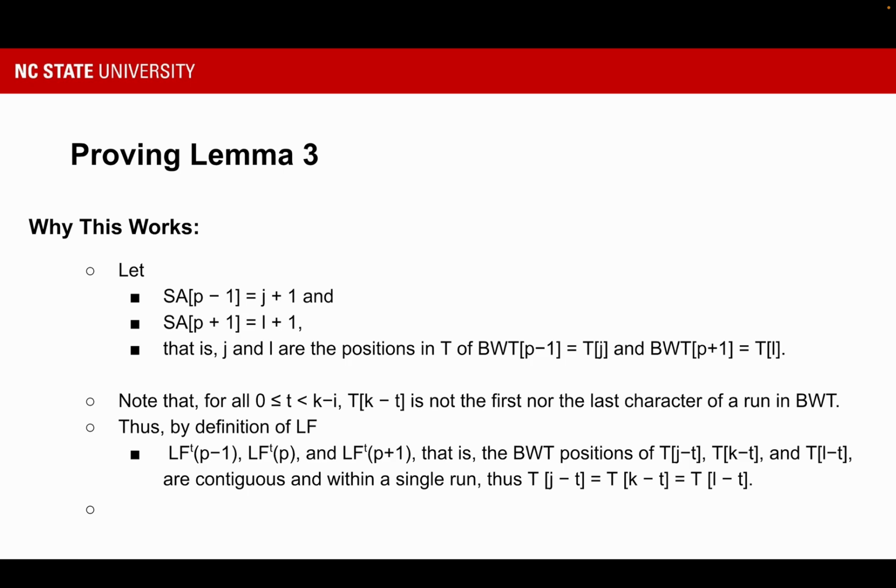Thus, by applying LF mapping, we have to find LF of p minus 1, LF of p, and LF of p plus 1, which corresponds to the BWT positions of T of j minus i and T of k minus i, as well as T of l minus i. We find out that these are contiguous and within a single run. Thus, we can also conclude that T of j minus i is equal to T of k minus i, which is in turn equal to T of l minus i.